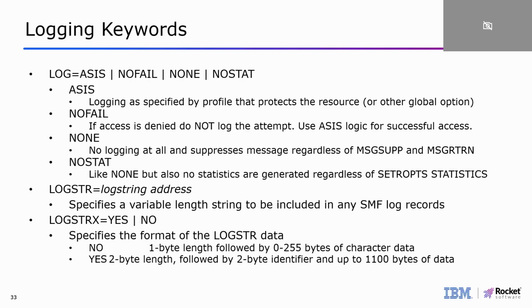We'll explain how you might use that a little bit later. LOG=NONE: no logging at all, and no messages are issued either, regardless of whatever you specified on MSGSUPP and message return. LOG=NOSTAT is like NONE, but no statistics are generated, regardless of SETROPTS settings.